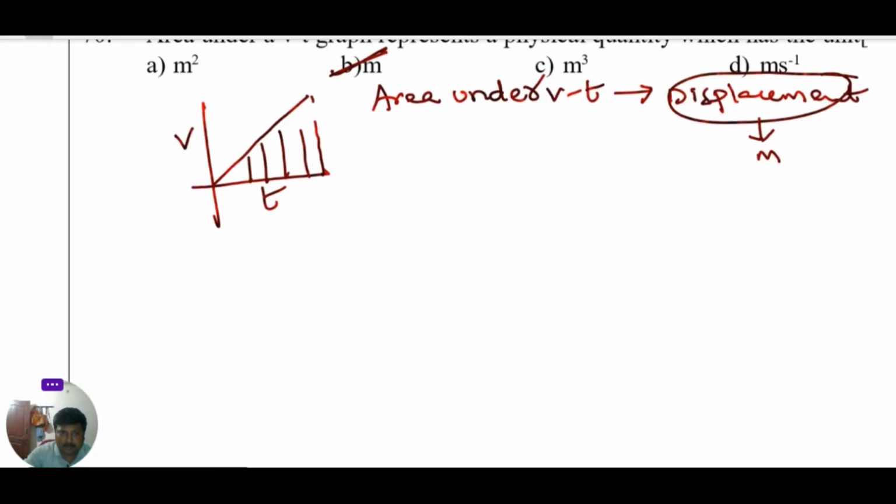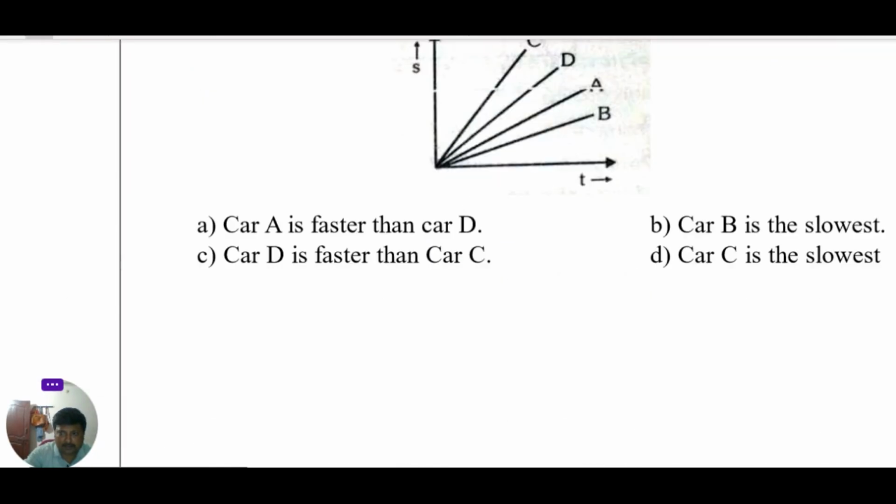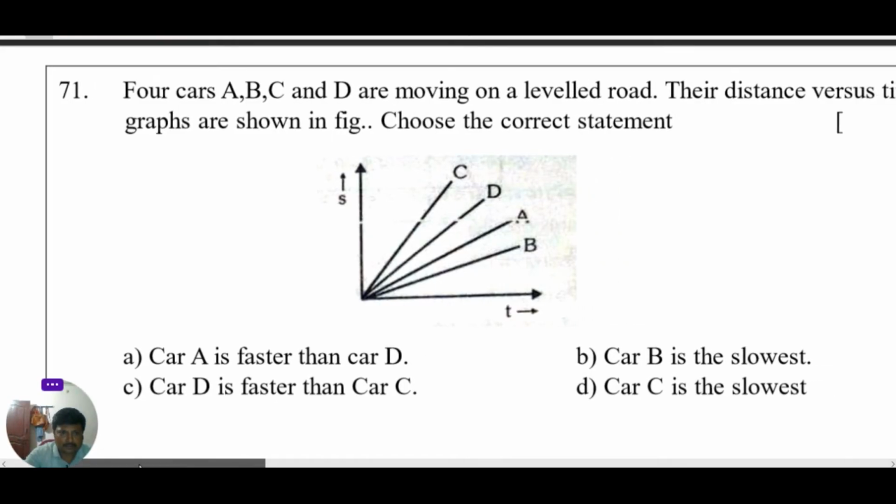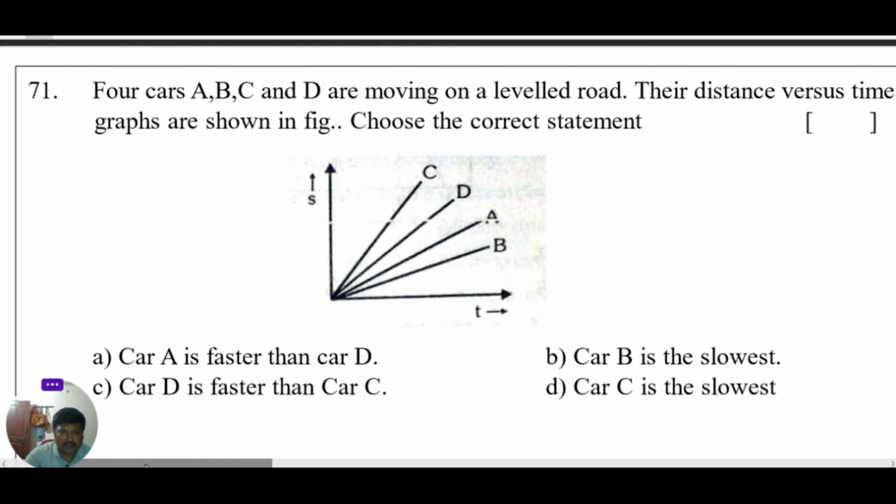Next go to 71. Four cars A, B, C and D are moving on a level road. Their distance versus time graphs are shown in the figure. Choose the correct statement.